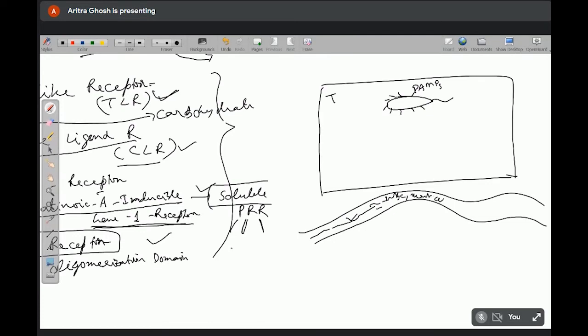Are you hearing me? Yes, sir. Histamine is released after the injury. The mast cell has done the recognition, it also has a PRR, it understood. Then mast cell degranulates to cause histamine release, and histamine will increase the blood flow.